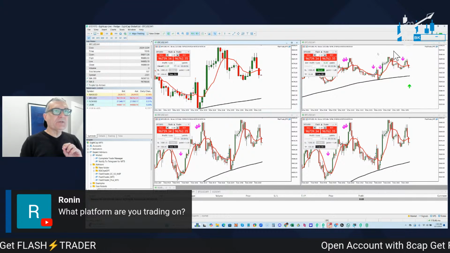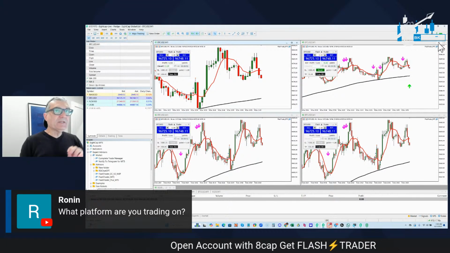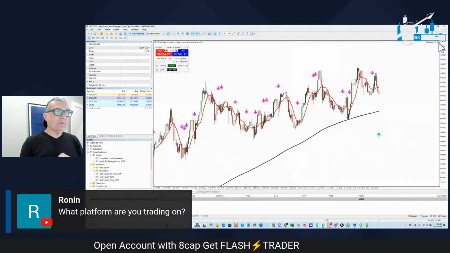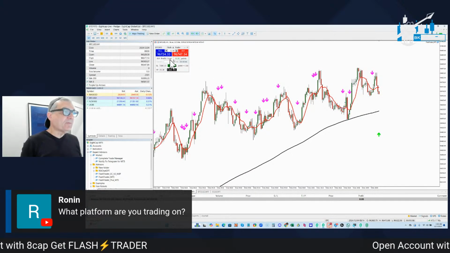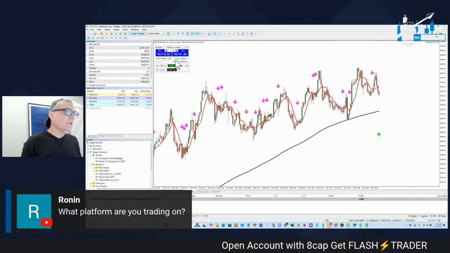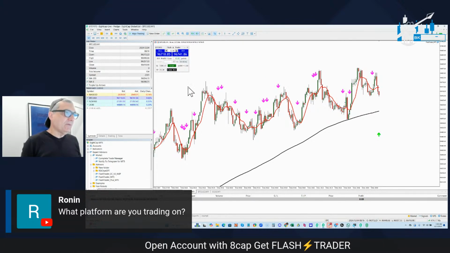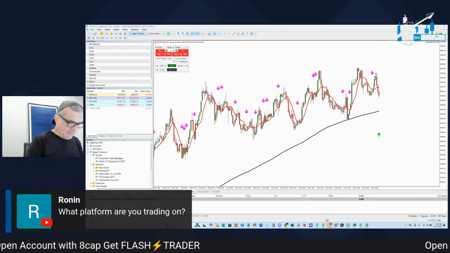The MetaTrader platform that I have here has a proprietary indicator called BFF Scalper, which is what I have on the chart here, as well as a proprietary MetaTrader execution tool, all of which are created by me. Now, the execution tool is totally yours to test out.